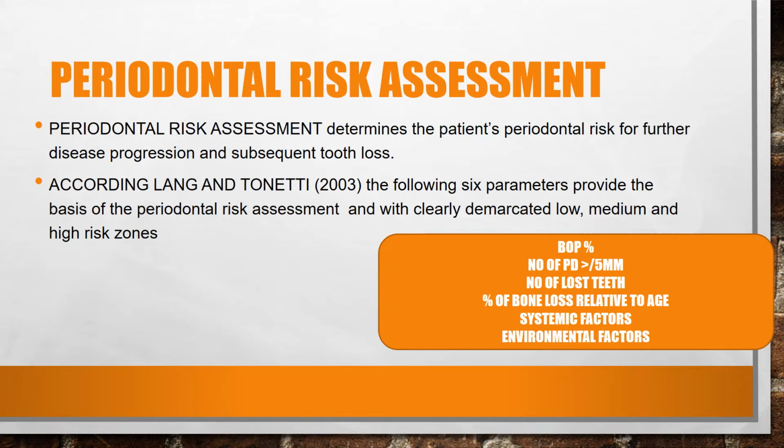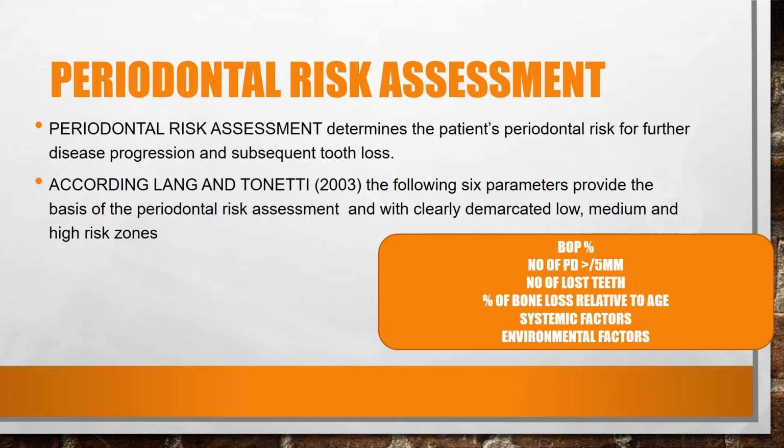Then we are going to discuss the clinical risk assessment tool in the era of electronic health records. We have a clinical risk assessment tool proposed by Lang and Tonetti in 2003. This allows the clinician to perform risk assessment and to plan personalized treatment quickly and effectively. This assessment determines the patient's periodontal risk for further disease progression and subsequent tooth loss.